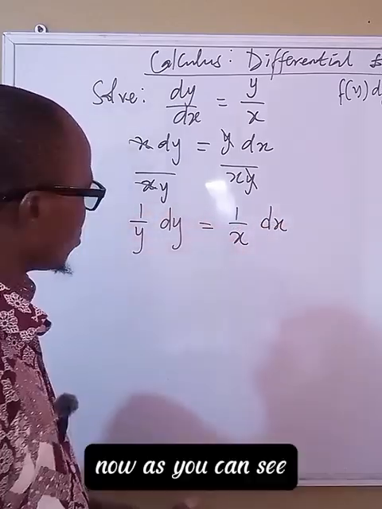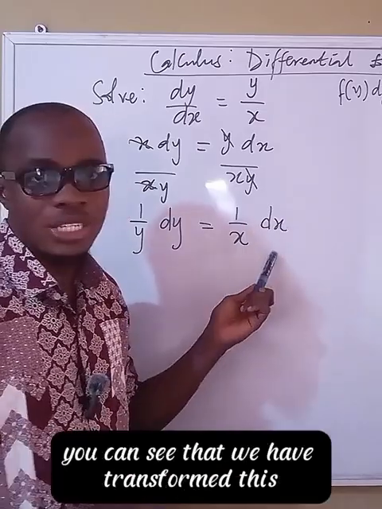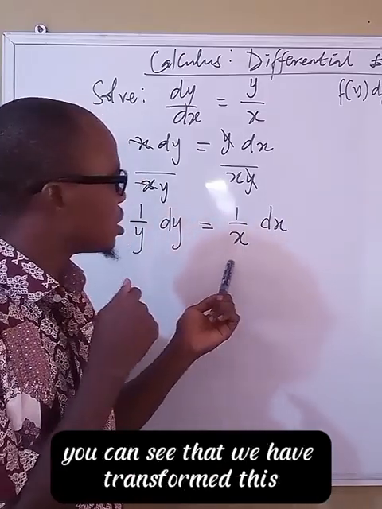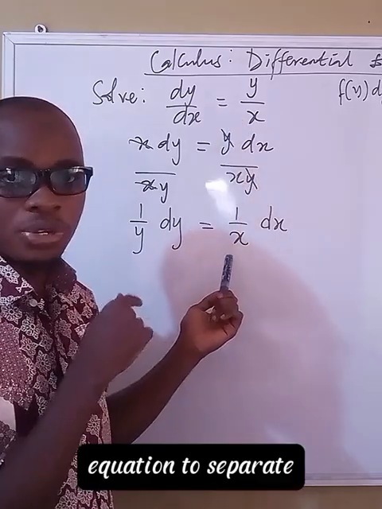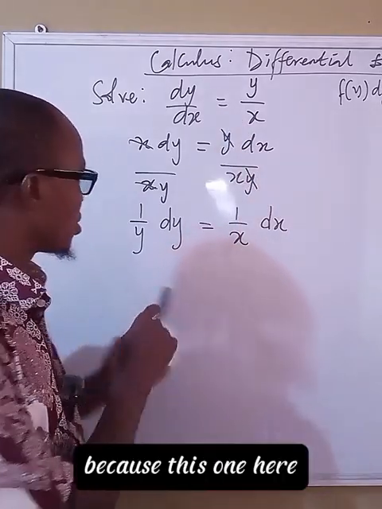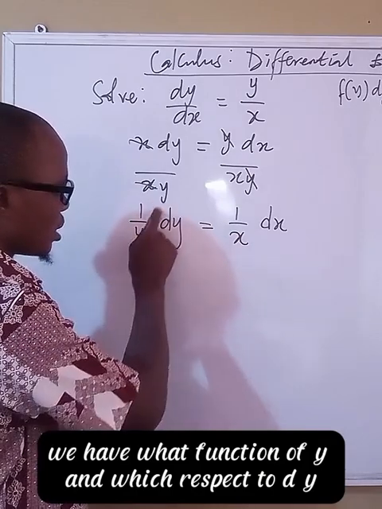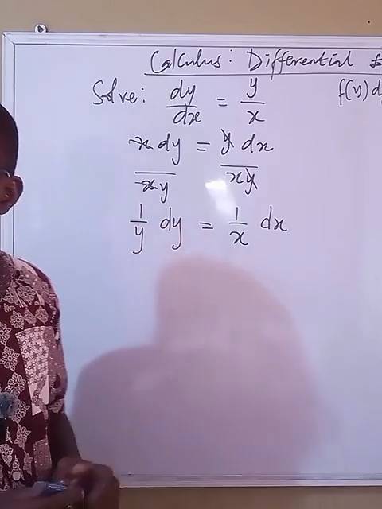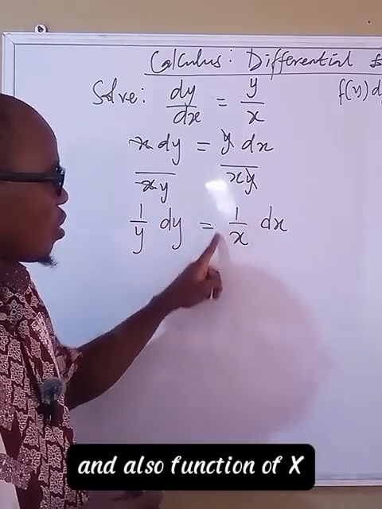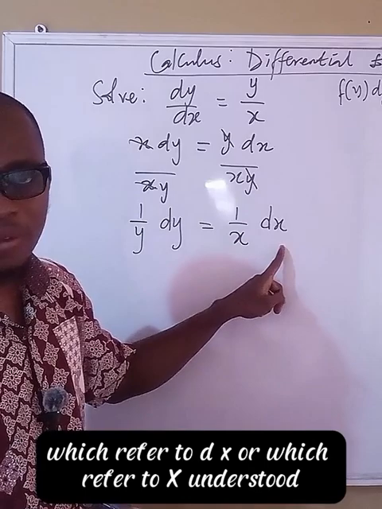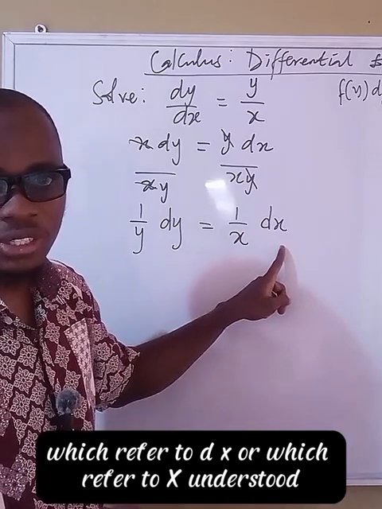Understood? Now, as you can see, we have transformed this equation to separable variables, because here we have a function of y with respect to dy, and also a function of x with respect to dx. Understood?